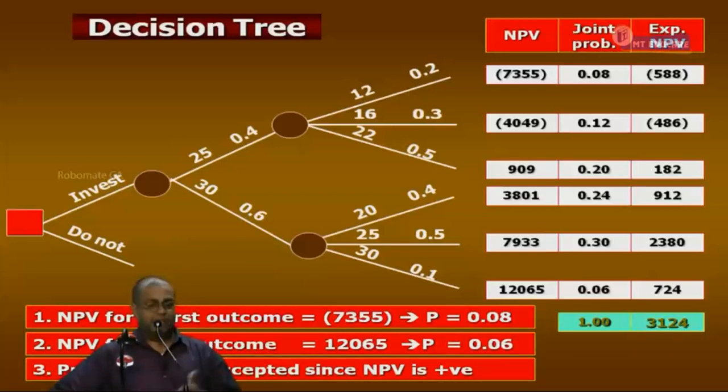Second branch, joint probability. Cumulative probability: events are linked by, within quotes, or. Probability of 7355 or 4049. The events are linked by or.